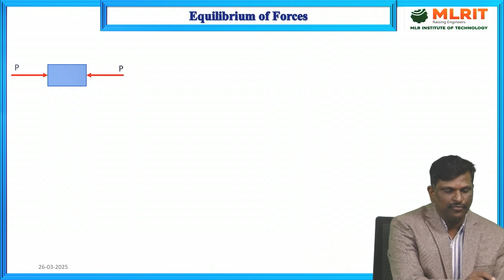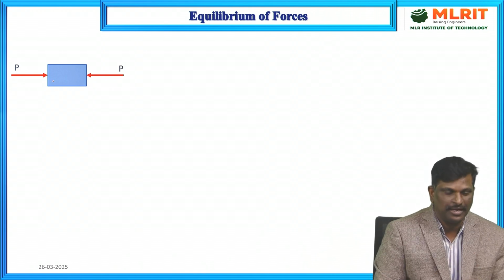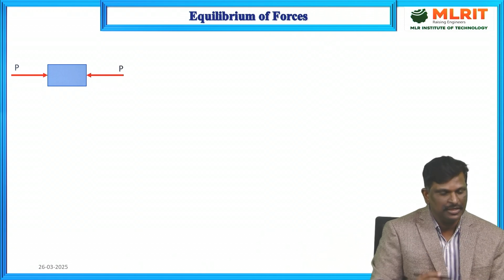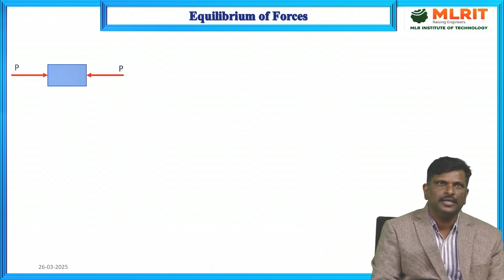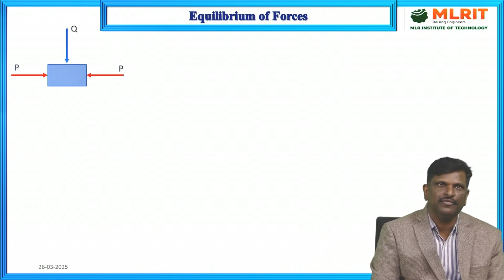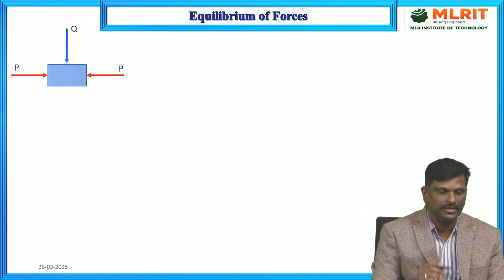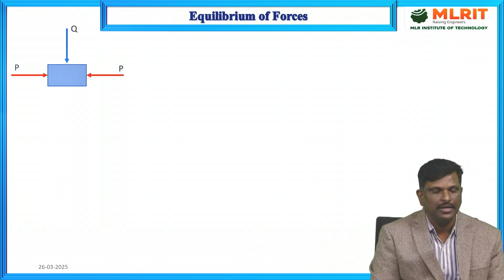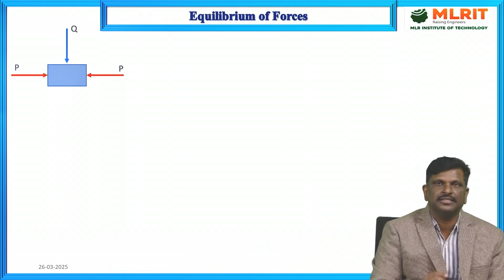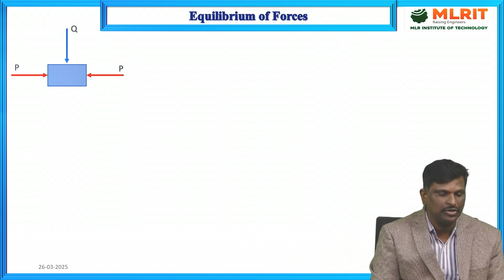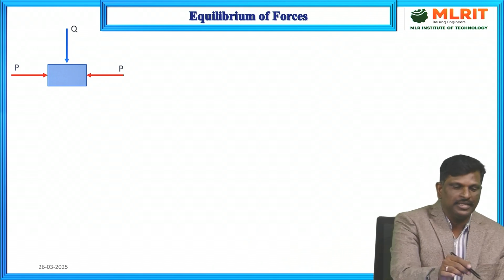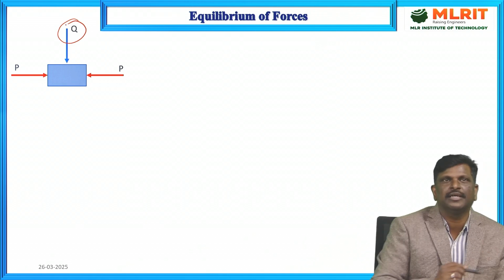Now, one force is acting towards right and the other force is acting towards left. Both are equal, right? Similarly, now a force Q is acting in the vertical direction downward. Now, the body is not said to be under static equilibrium because there is an unbalanced force in the vertically downward direction.